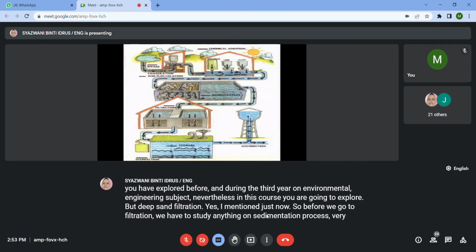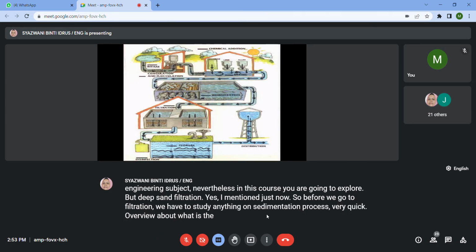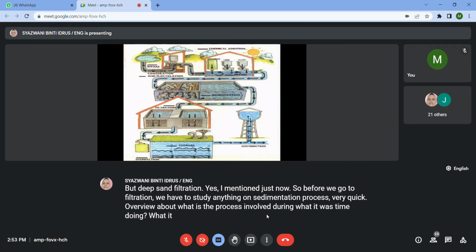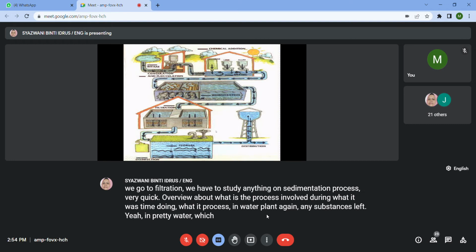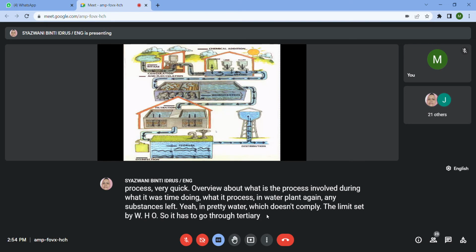A very quick overview of the processes involved during water treatment in a water treatment plant. Again, any substances left in treated water which don't comply with the limit set by WHO have to go to tertiary treatment, the advanced treatment process.